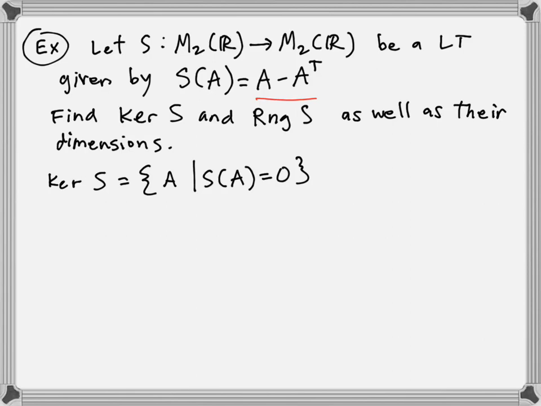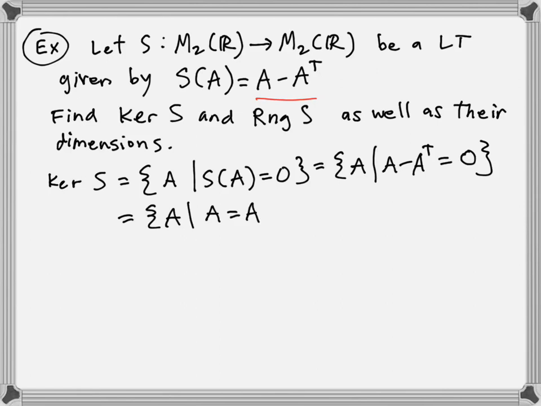So this is equal to the set of all A such that A minus A transpose is the 0 matrix. But if A minus A transpose is the 0 matrix, isn't that the same as the set of all A such that A is equal to its transpose?